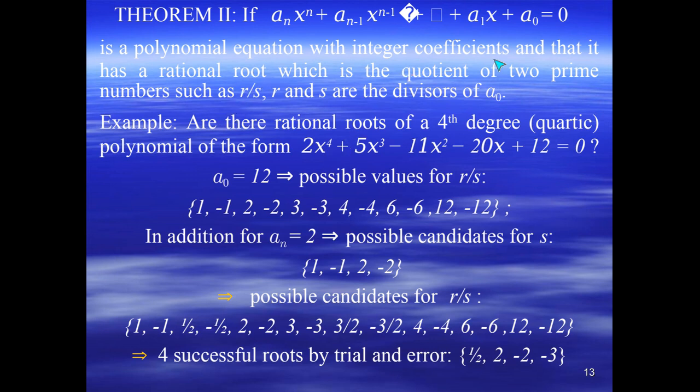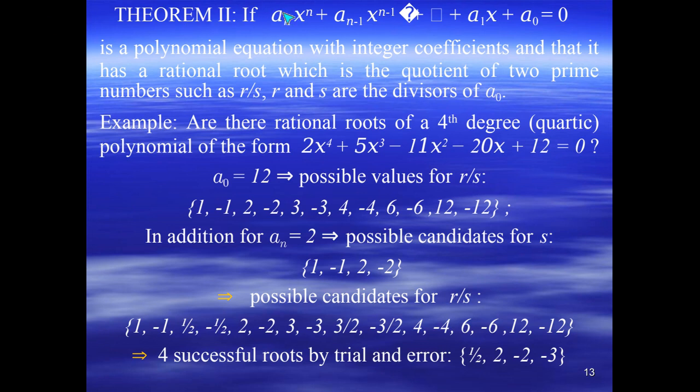These fractional roots will have the form r over s. The r's we will look for in the prime divisors of a_0, and the candidates for s, we will look for in the prime divisors of a_n.